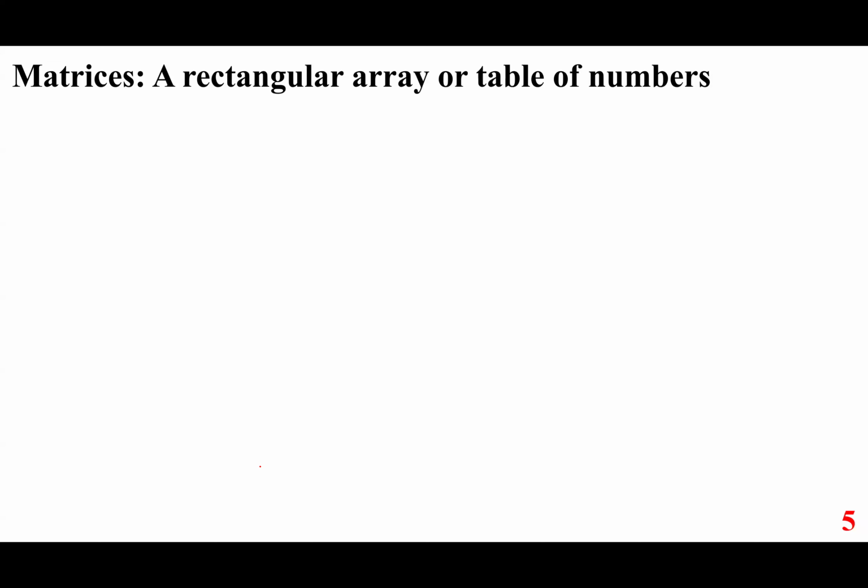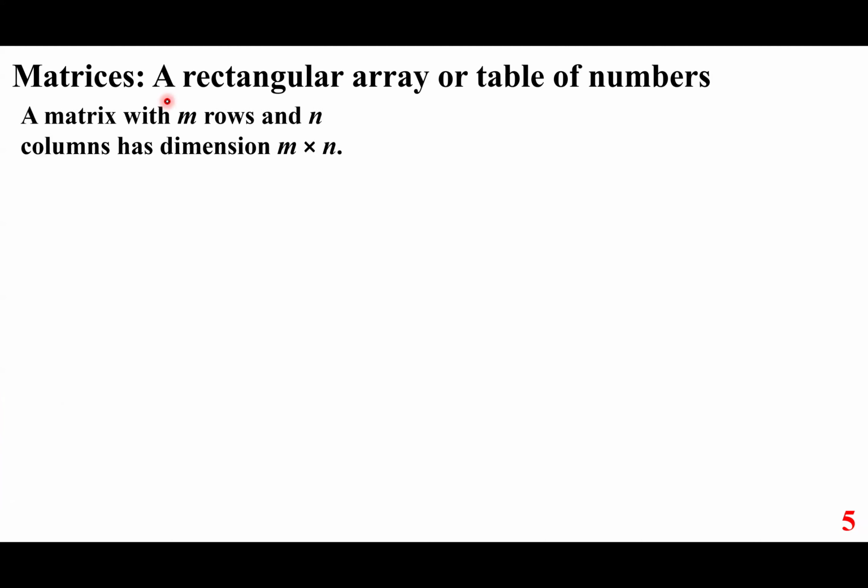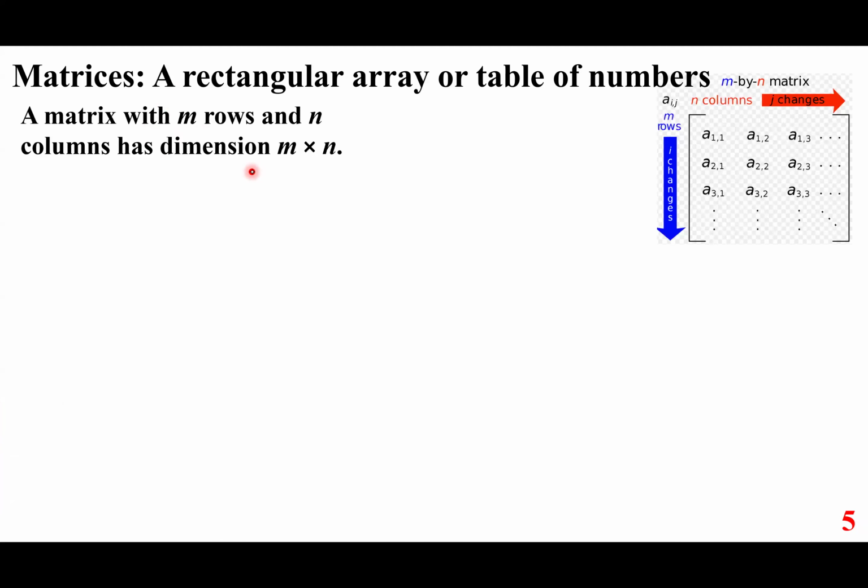Matrices. A rectangular array or table of numbers. That's the basic definition. A matrix with m rows and n columns has dimension m by n. So we have, as an example, 1, 2, 3. This is m rows, 1, 2, 3, and so forth. That's n columns.